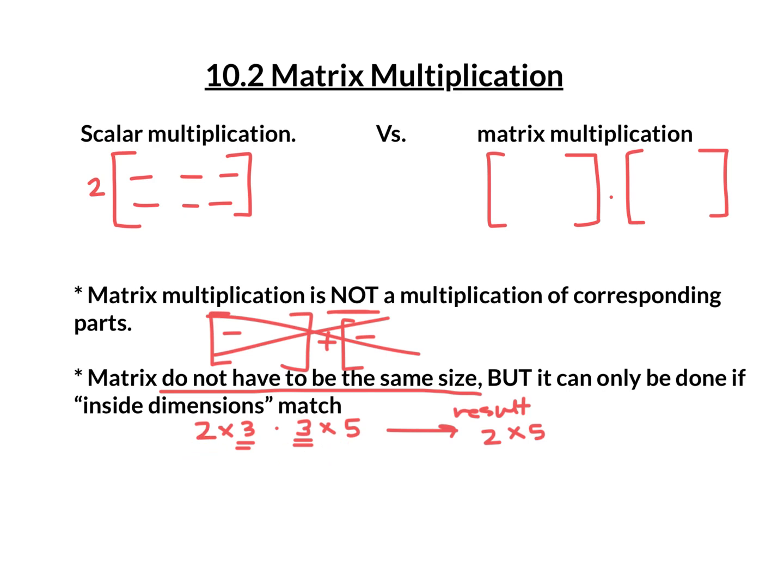Another example: I could do a 3 by 4 times a 4 by 1. This is valid because the inside dimensions match, and the result would be a 3 by 1. I could not, however, do a 2 by 3 times a 2 by 3. These inside dimensions do not match each other, so this multiplication is not defined.